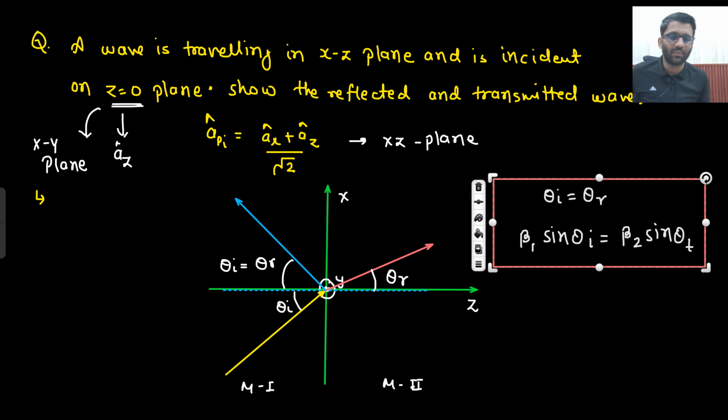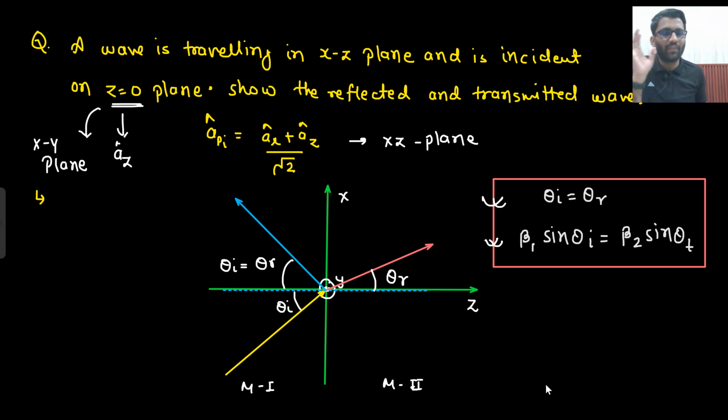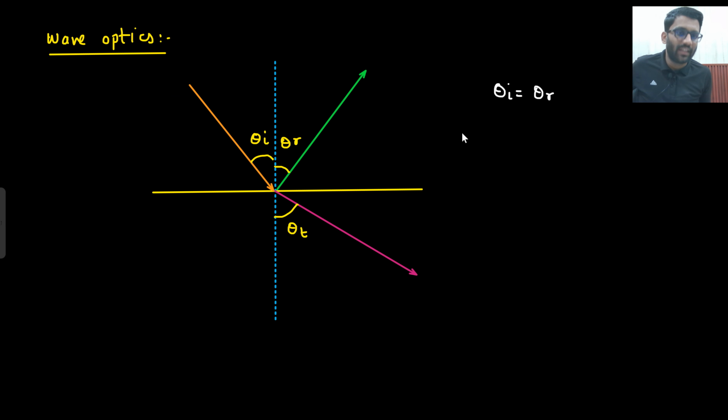So these two laws I need to remember. The incident angle and reflected angle will be the same. Then the other one was known as Snell's law. And what was Snell's law? Snell's law says that the refractive index of medium 1 into sin theta i is equal to the refractive index of medium 2 into sin theta t.